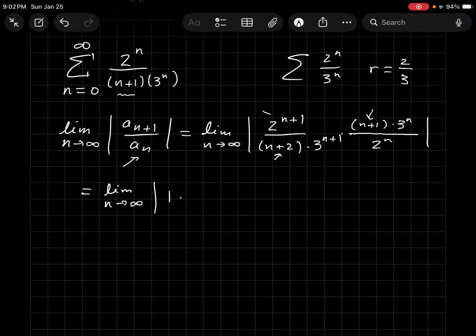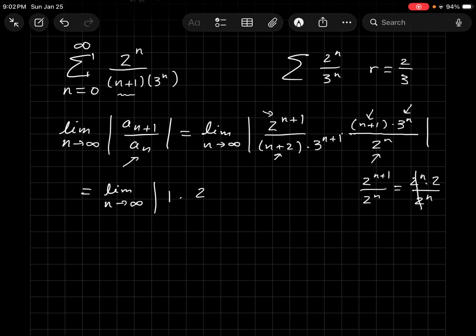If I put together the 2 to the n plus 1 with the 2 to the n, I'm left with 2 on top. I'll show over here on the side. 2 to the n plus 1 over 2 to the n is 2 to the n times 2 to the 1 over 2 to the n, and of course we're left with 2.